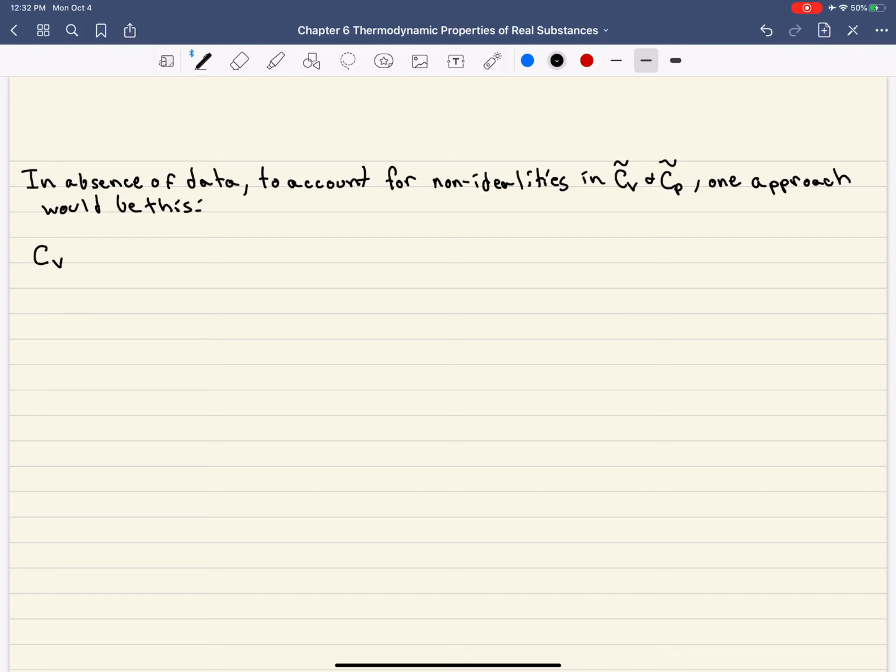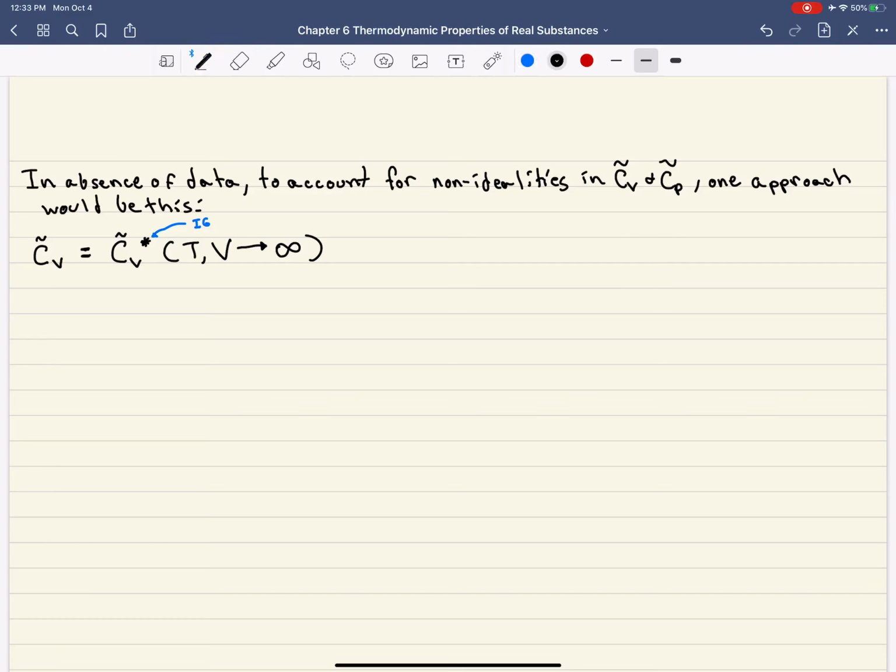And so if we think of molar constant volume heat capacity, so this is the total molar constant volume heat capacity, what we could do is split it up into two terms. The first term would be what I call the ideal gas heat capacity. So this would correspond to a volume of infinity, and the star here just means ideal gas.